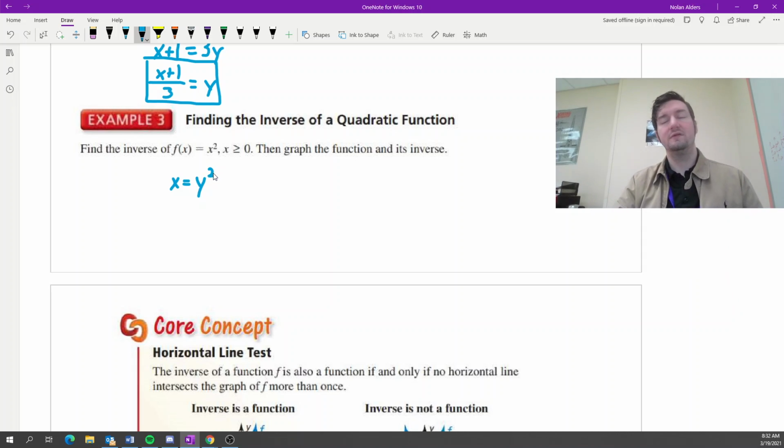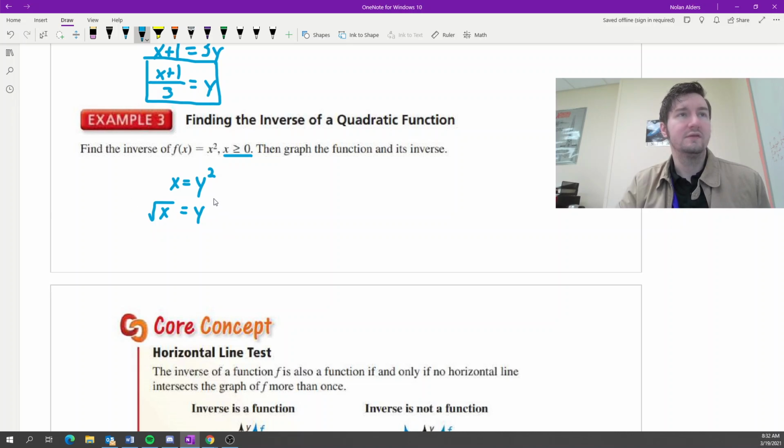So how do we get rid of this 2? Remember, the opposite of square is square root. So we'll have y equals the square root of x. And that's why it's saying that x has to be greater than or equal to 0, because we can't have negative x's under our root. So here's the inverse. The inverse function of x squared is the square root of x.